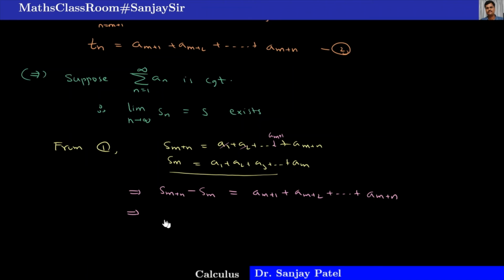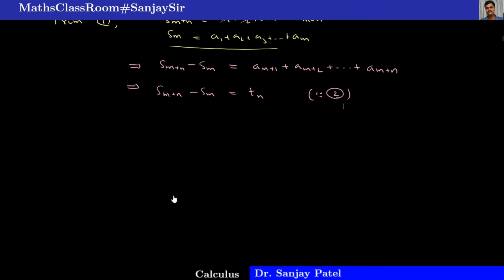So this we can write as Sm plus n minus Sm is equal to Tn. That is, the sum of the first n terms of the second series, sigma m plus 1 to infinity. Okay. Now from this, what I can prove here is, therefore, limit n tends to infinity of Tn is equal to limit n tends to infinity of Sm plus n minus Sm.